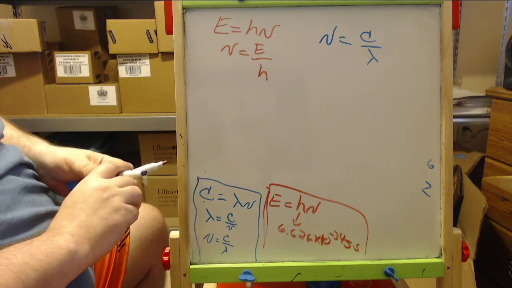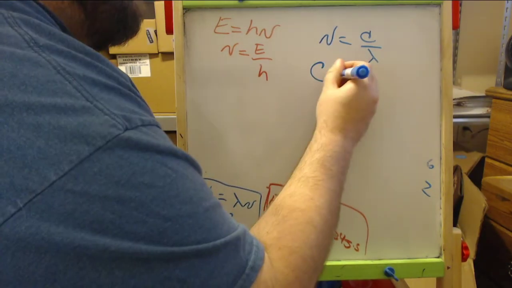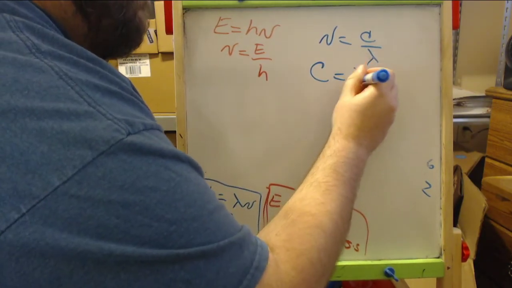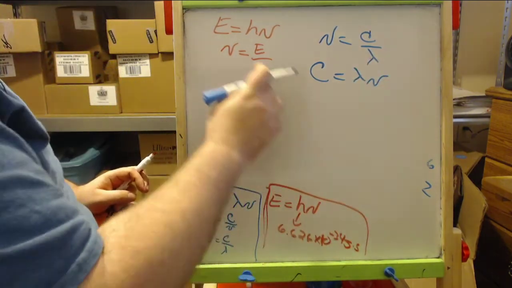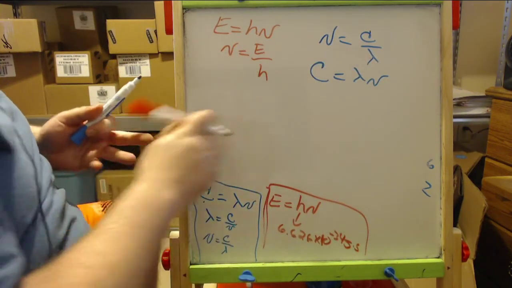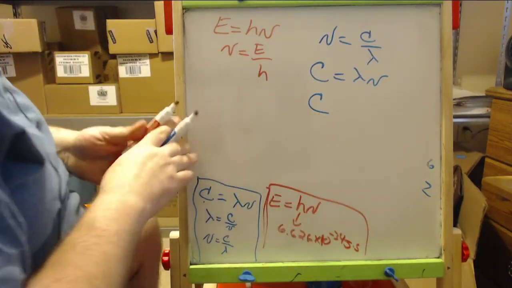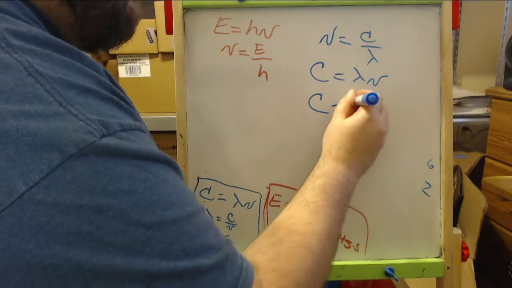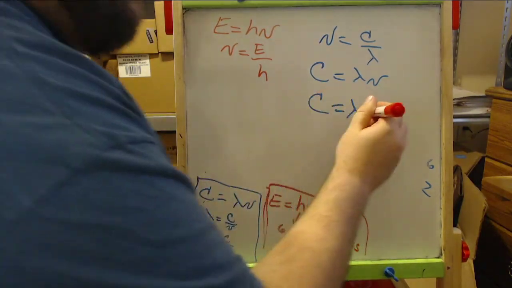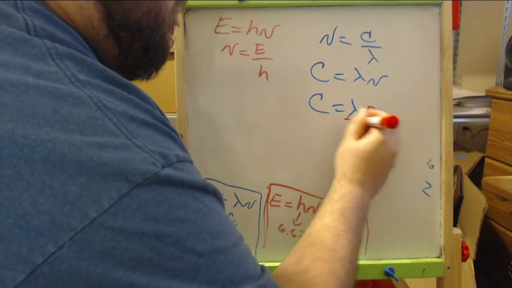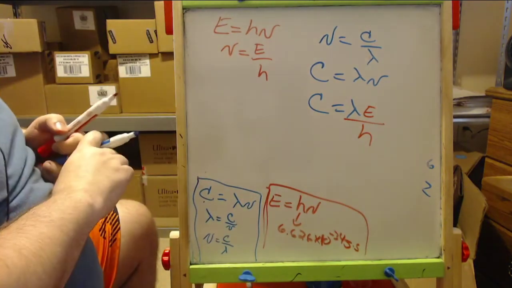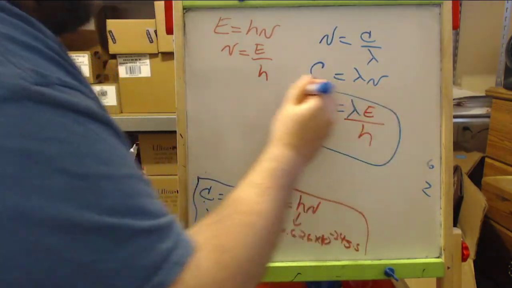Okay, so they say, all right, well, if that's the case, then C equals lambda nu. And I'm going to plug this in here, so they take both formulas and write it out as C equals lambda times E over h. And they make a combination formula like so.